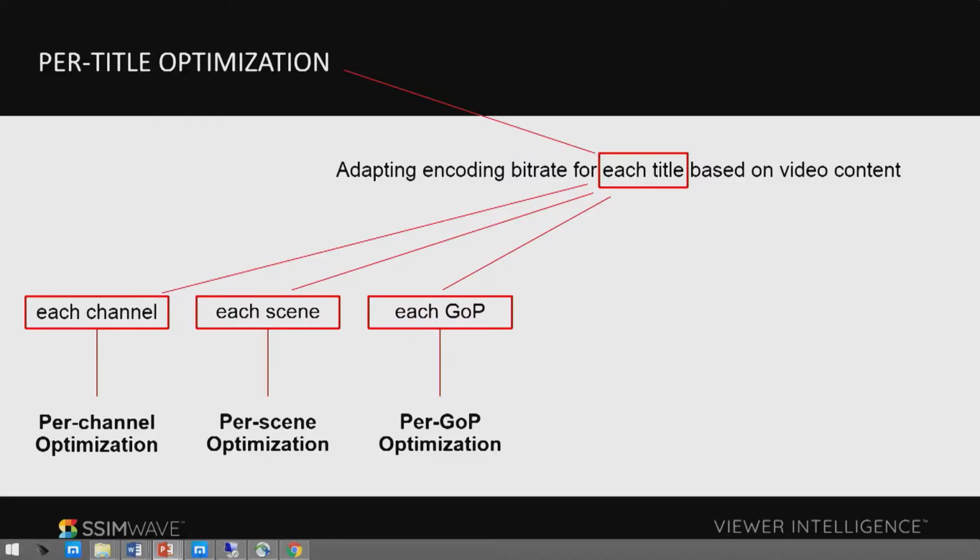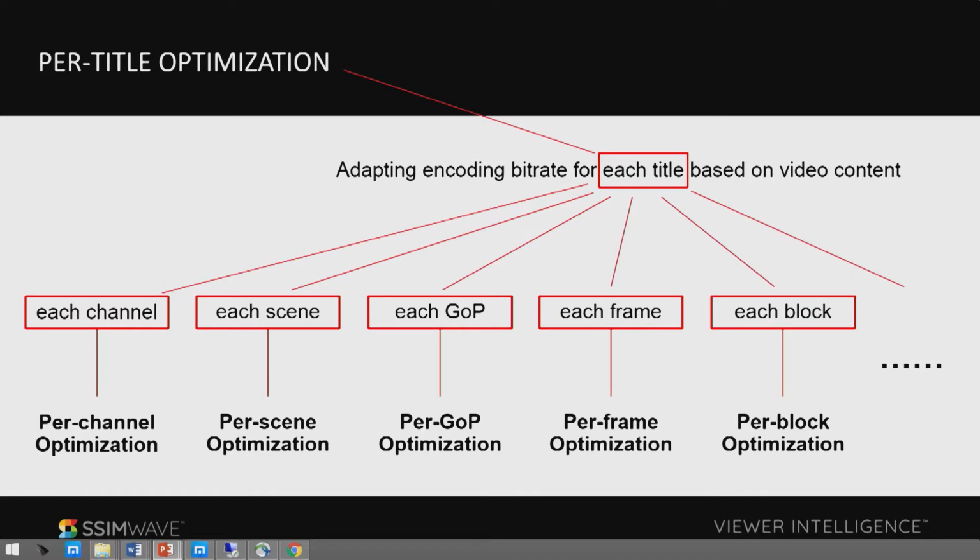No one is going to stop you, in the live streaming case, to do per channel optimization. So you have many channels. You want to adapt your bitrate based on the behavior of each channel. And no one stops you to do per scene optimization, per GOP optimization, per frame optimization, or per block optimization, maybe even go further, per pixel optimization.